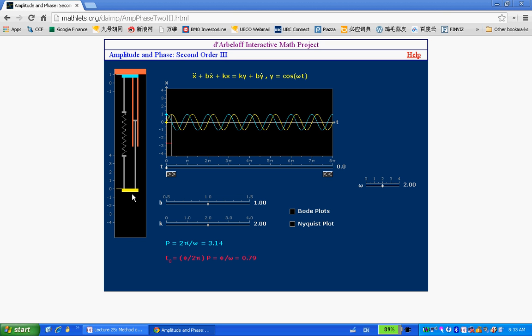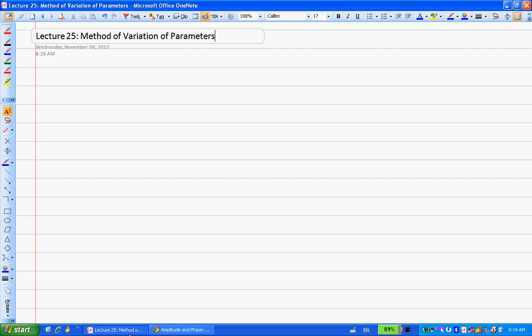In that case, a second-order differential equation describes the system, and you give an initial condition and look at the motion of x or y. That gives you an animation of how both sides of the spring and damper move. It's pretty cool actually, so check this out. I think it can help you understand the material.